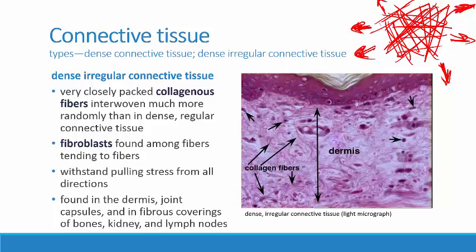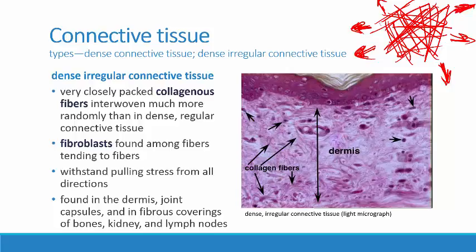And so we find dense irregular connective tissue in the dermis, deep to the epidermis, in the joint capsules. This is connective tissue that surrounds a joint and contains the fluid that lubricates the joint. And in the fibrous coverings over the bones, over muscles, that cover the kidney and all the lymph nodes.